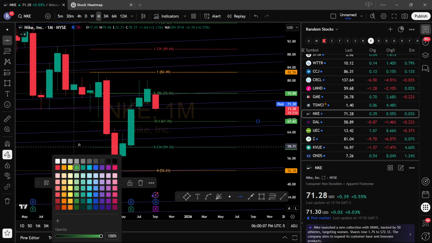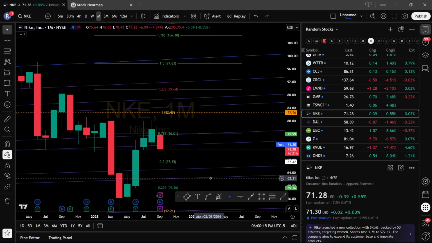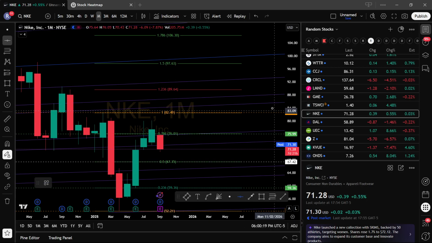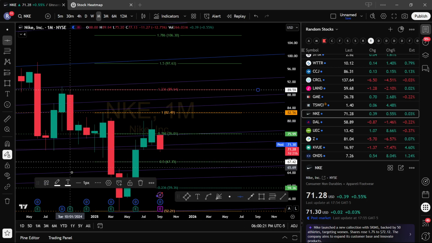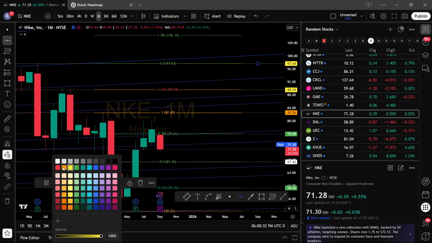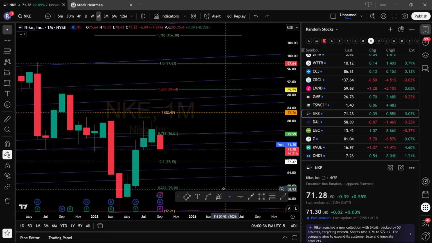Then the white is going to be my 50% retracement. If we drop below the white, that lets me know some prices are going on discount. The 1.236, that's my yellow light. And then the 1.5, that's going to be my red light to let me know price action is running kind of hot.